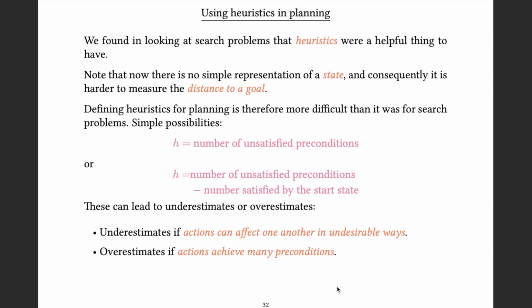And another issue here is that because the effects of an action can clobber preconditions that are already achieved by other actions, these heuristics may give significant underestimates if actions are highly interactive, if they can affect each other in multiple ways. So the question now of designing a decent heuristic for something like the partial order planning algorithm becomes a lot more interesting.